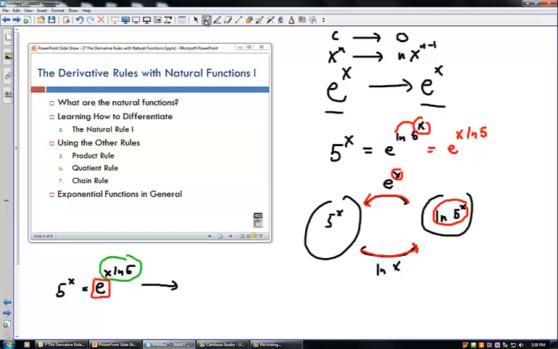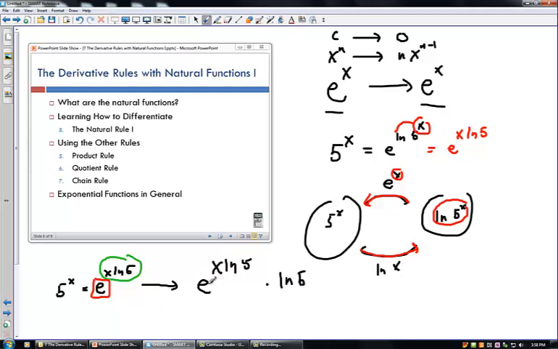And then I know by the chain rule, it's the derivative of the outside, so the derivative of the e function is just e again. So I have e to the x ln of 5 times the derivative of the inside. The derivative of x ln of 5 is just x times a number, so the derivative is just the number ln of 5.